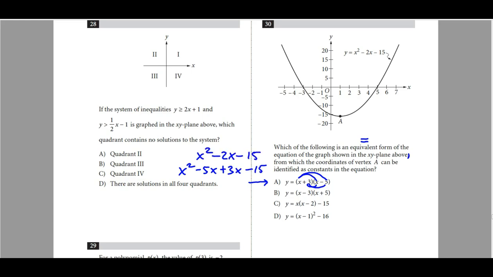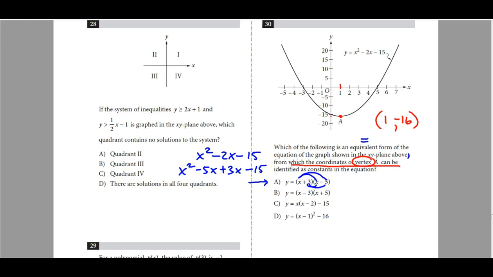However, it's not the correct answer because you need to read a little bit further and see the coordinates of the vertex. Remember, the vertex is the lowest or highest point of a graph. The vertex is at x equals 1 and it looks like somewhere around -16.